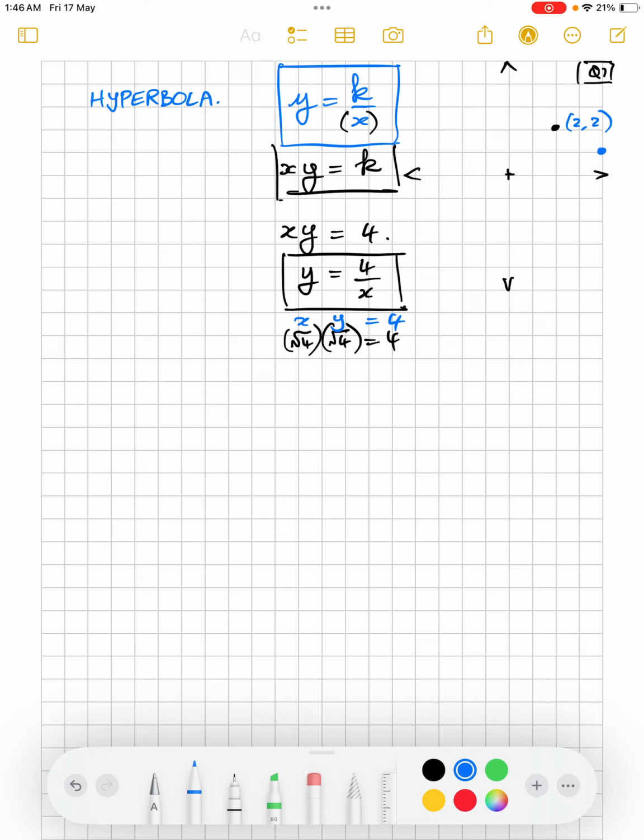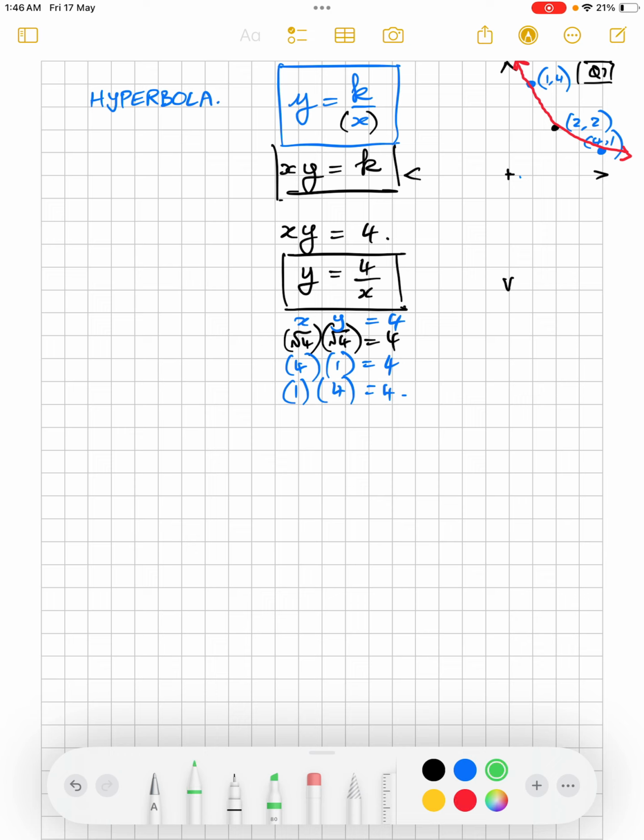Another coordinate is 4, 1. So 4 is x and 1 is y. They multiply to equal 4. Another coordinate is 1, 4. 1 times 4 equals 4. Now we could get a half times 8, we could get 8 times a half, and eventually all of those points, when you graph them, you're going to get this hyperbola in the first quadrant.